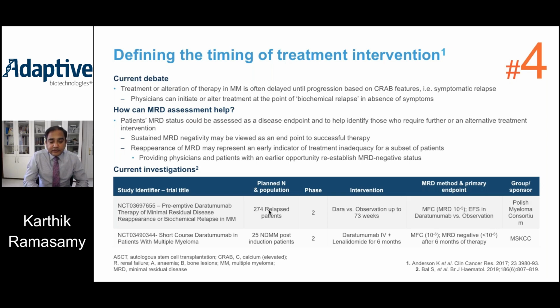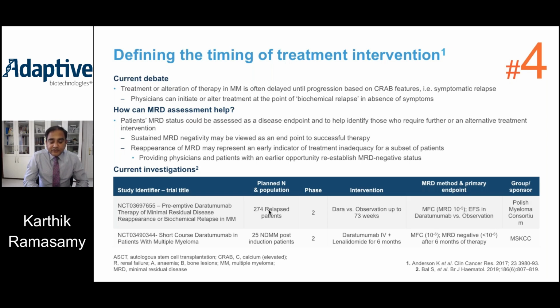There are a couple of trials which are looking at this at the moment. The first trial is done by the Polish Myeloma Consortium. They're looking at giving preemptive daratumumab therapy in patients who have MRD reappearance or just biochemical relapse in a relapsed myeloma population, using daratumumab versus observation as the intervention.